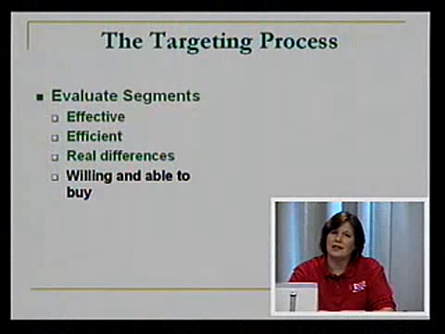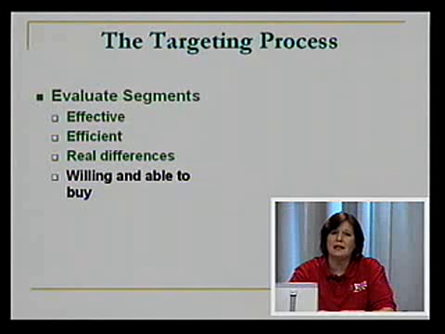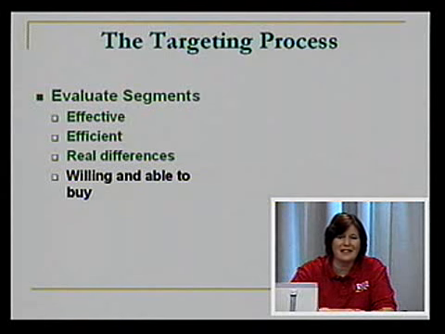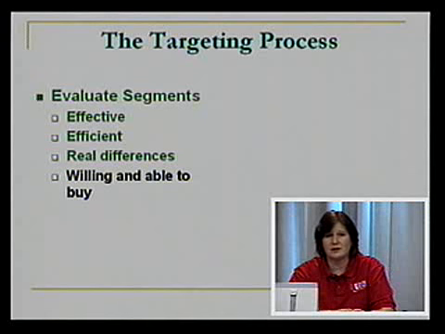Another thing we're going to look at as we evaluate our segments is: is this segment willing and able to buy our product? They may have some interest in the product, but can they afford it? This will be looking at their disposable income or, depending on the product, discretionary income.